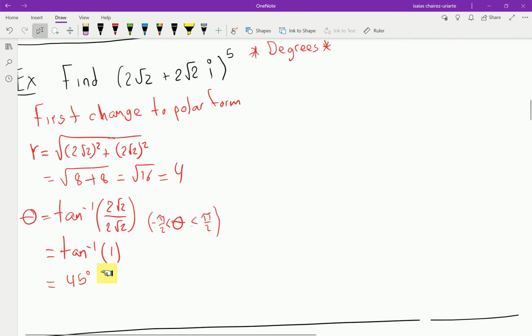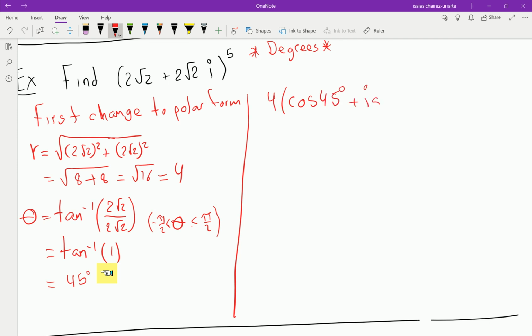I have been able to express, first of all, my complex number in polar form. And the polar form of my complex number is 4 cosine of 45 degrees plus I sine of 45 degrees. Yeah? Okay. And now what I gotta do is I gotta raise that to the 5th power.